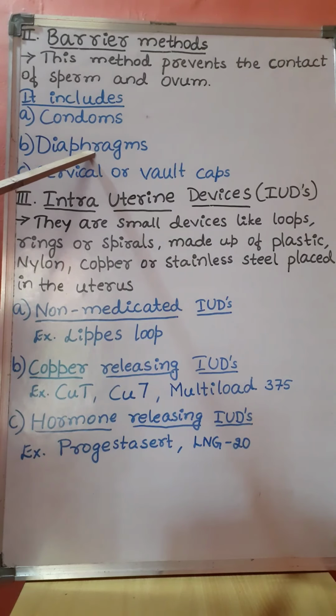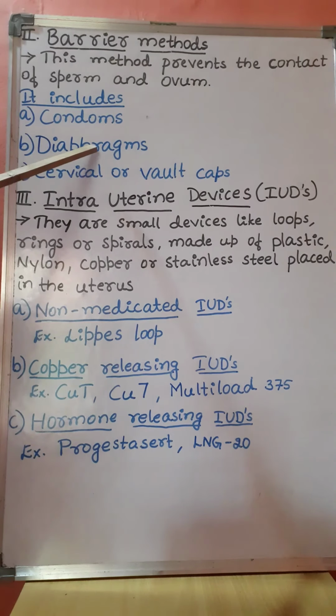Next one is the diaphragm. A diaphragm is a dome-shaped disc made of soft rubber. It covers the entrance of the uterus, that means diaphragms are used to cover the cervix region. To the inner surface of the diaphragm, spermicides are coated.